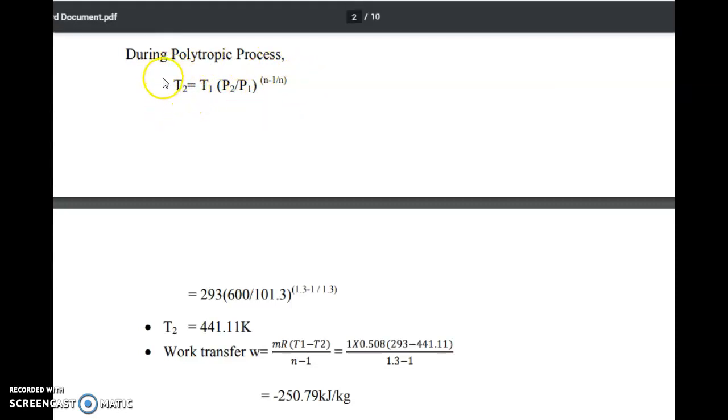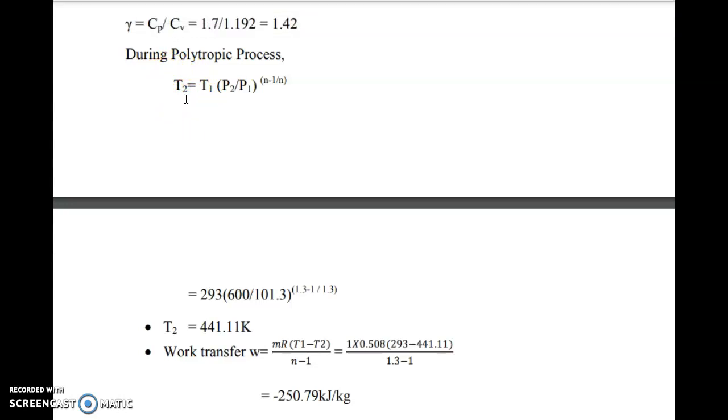Here I want to know T2, so I am keeping T2 on one side and the other parameters on the other side. Here T1 value, P2, P1, small letter n, the polytropic index, all the values are given in our question itself. So if we substitute in this relation, then we can find out the gas temperature after the compression process.